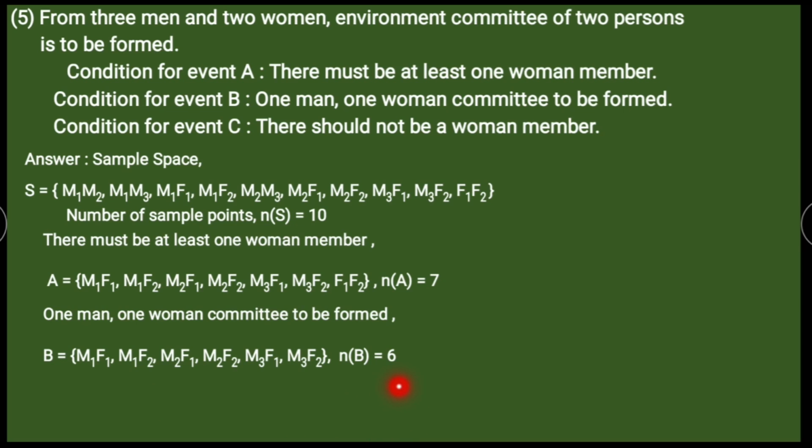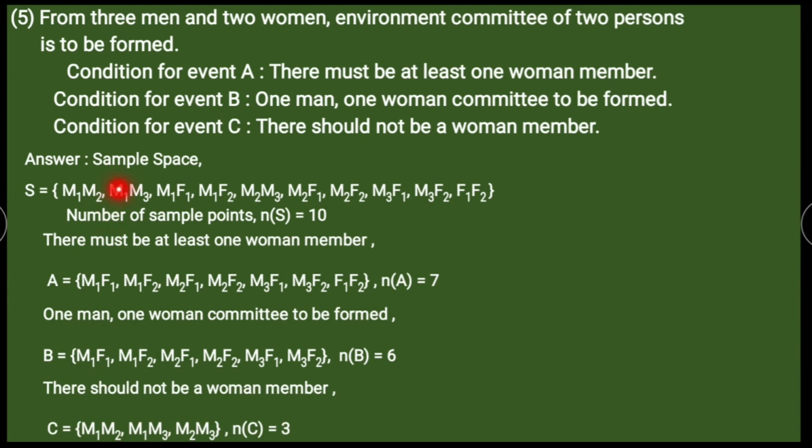So n of B equals 6. Then for event C, there should not be a woman member. So we have to select only committees of men. So we write M1 M2, M1 M3, M2 M3. So n of C equals 3.